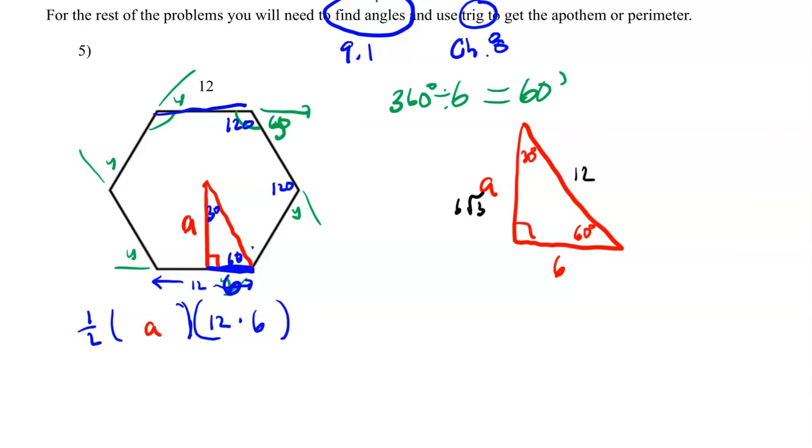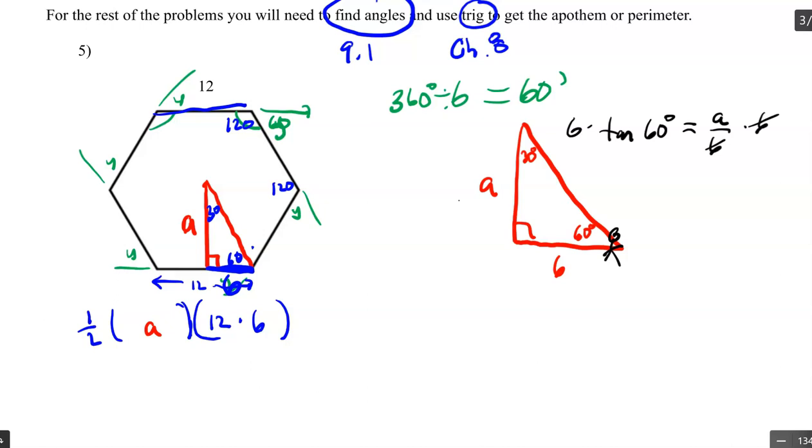If you wanted to go the longer way, you could have set your guy up here at 60. Let's pretend that we didn't know this. You could have used tangent, and you could have said, hey, the tangent when standing on 60 degrees is opposite over adjacent, and times both sides by 6.